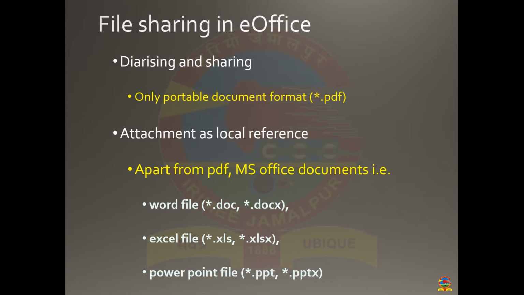Similarly, MS Excel having the file extension .xls or .xlsx and MS PowerPoint files having the extension .ppt or .pptx can be attached. Other file formats or OpenOffice documents are not accepted or supported.